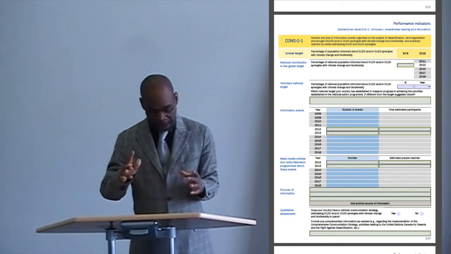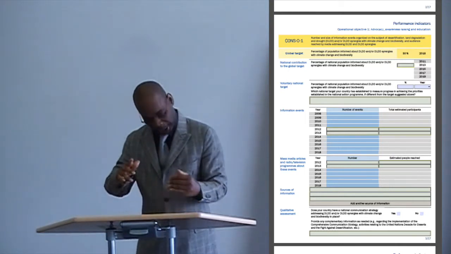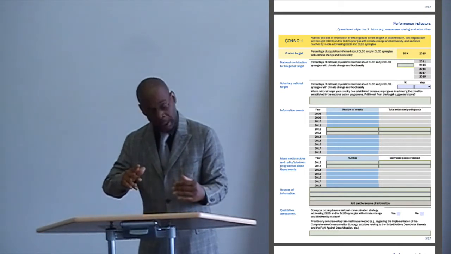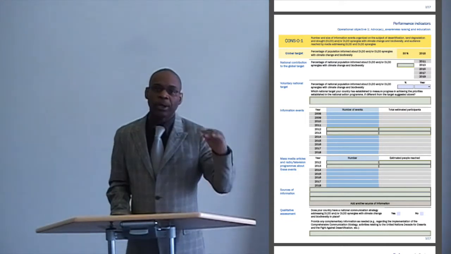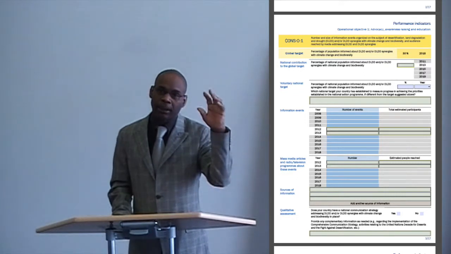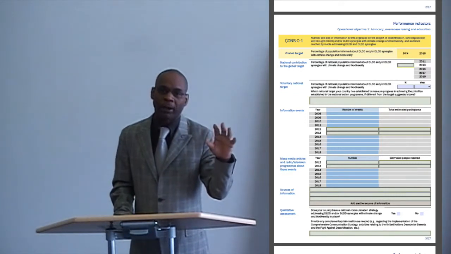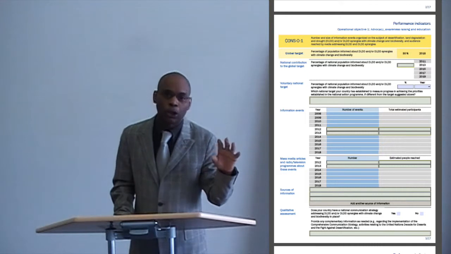And so each section where you have to provide information is crucial. So this is what Consolidated Indicator 1 on an ACP template looks like.